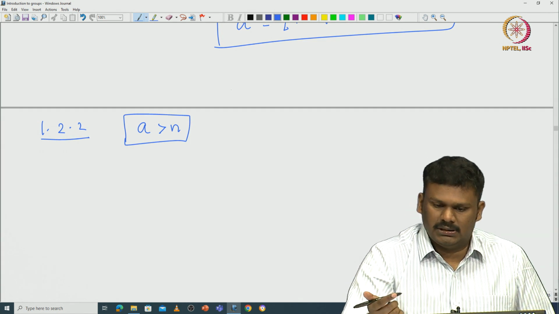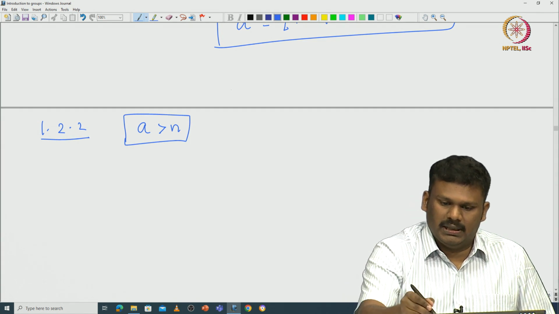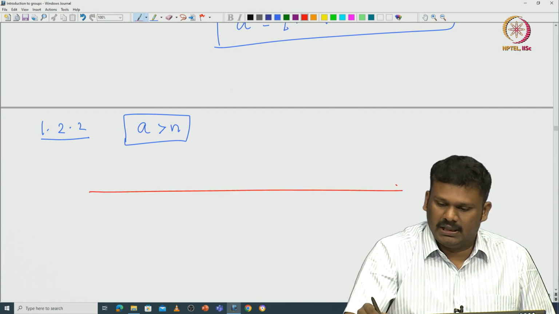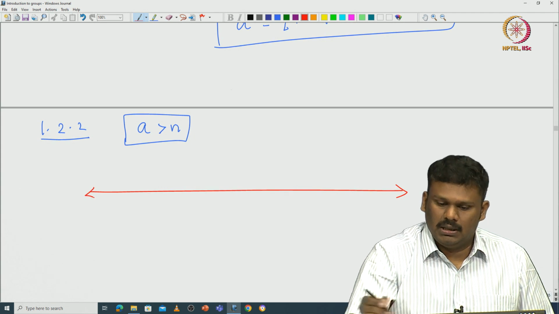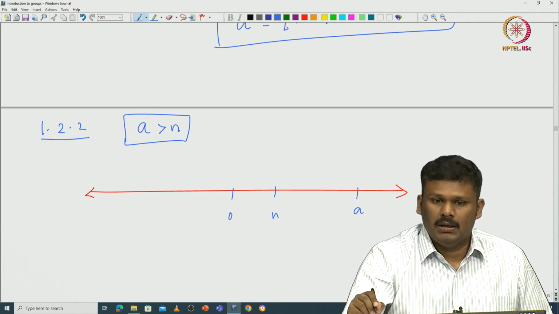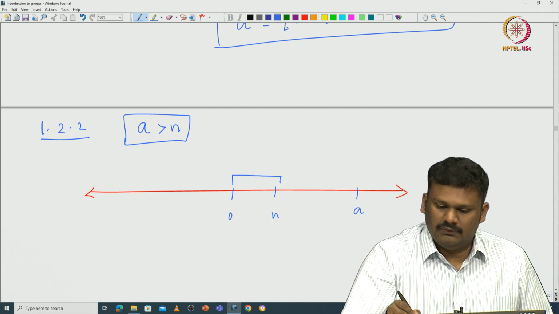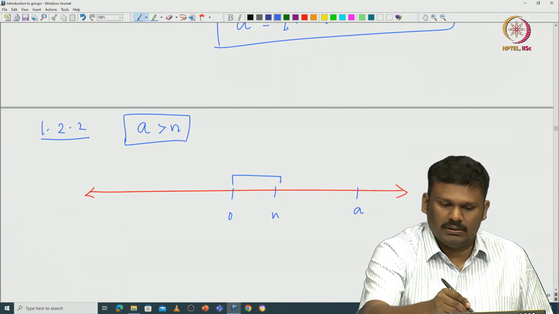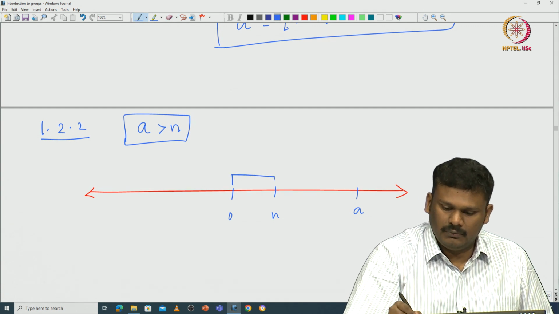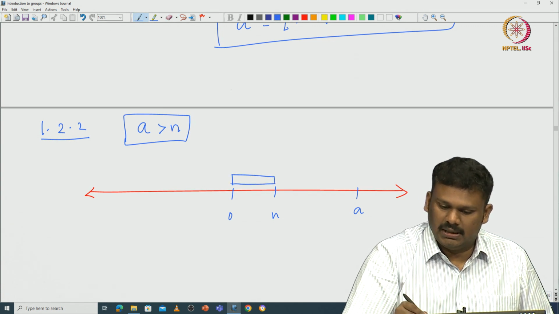For example, let us pictorially understand. Let us say you have a scale. Let us say you are on this real line, and then you have 0 here, then you have a here, and then you have n here. So, this is the scale which you are using, this is the n scale, and this is the a scale.